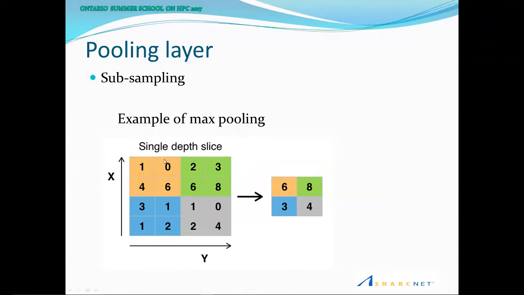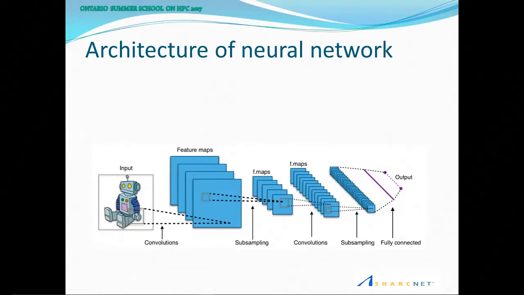But certainly, instead of 2 by 2, you can have a 3 by 3 or 4 by 4 max pooling, and it's up to the application. Generally, nowadays this is the architecture for image recognition.